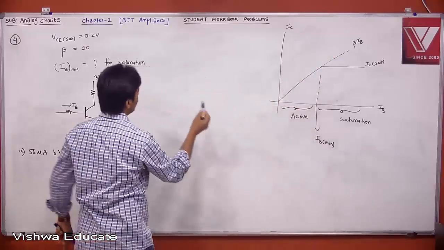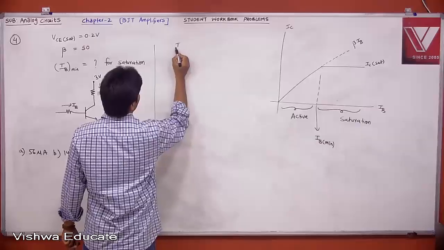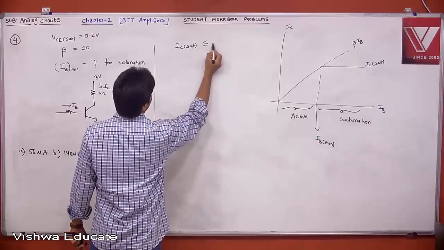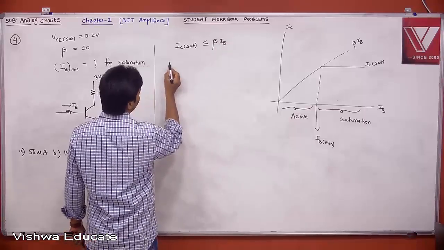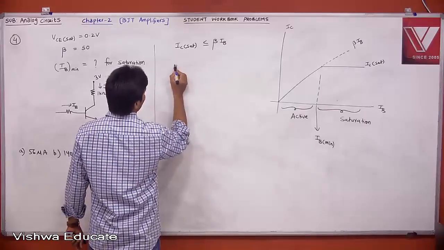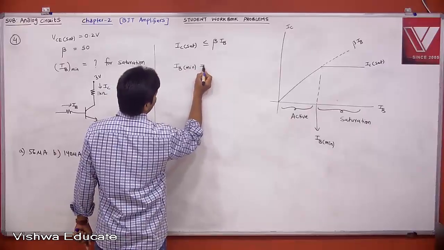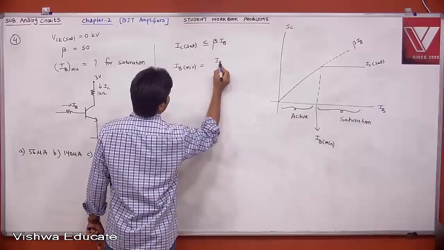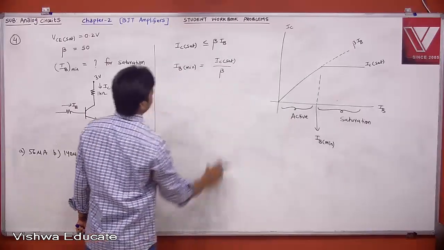Therefore for IB minimum, we know that your IC sat is less than or equal to beta into IB. Exactly at saturation, IB minimum will be the minimum IB where it is equal, which is nothing but IC sat divided by beta.